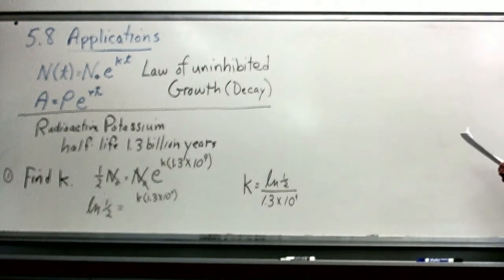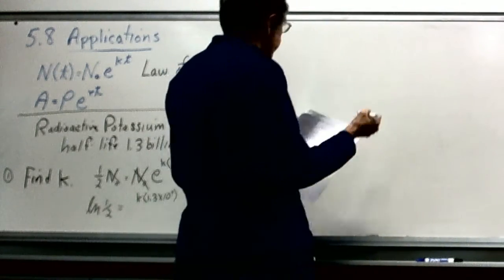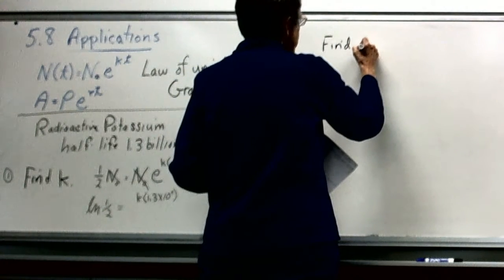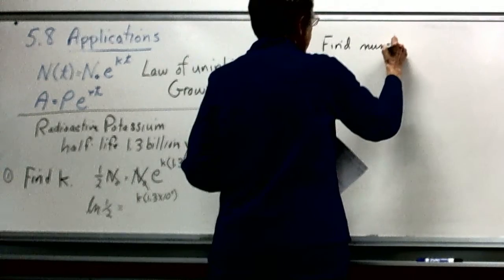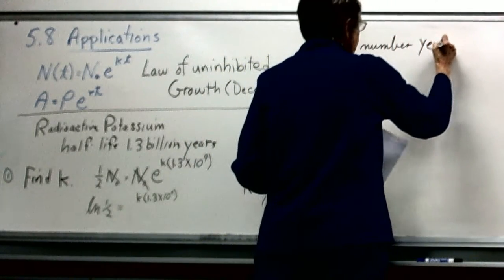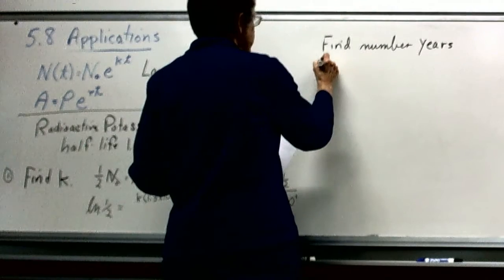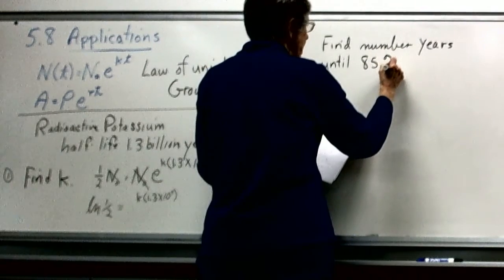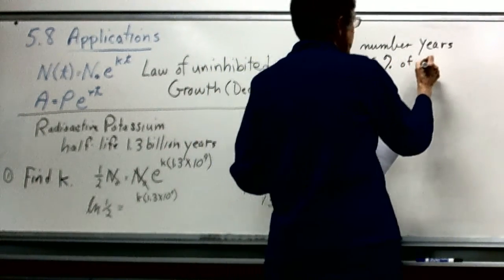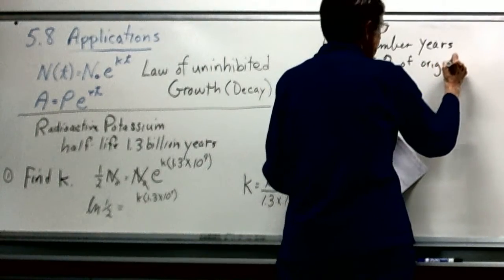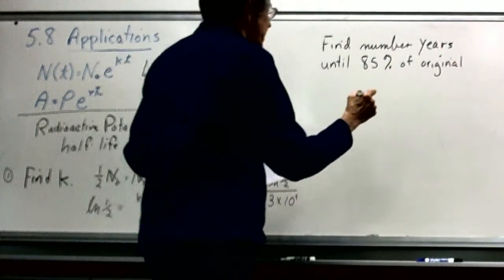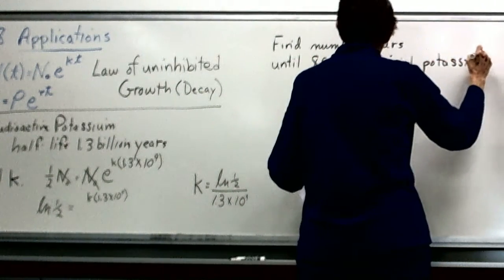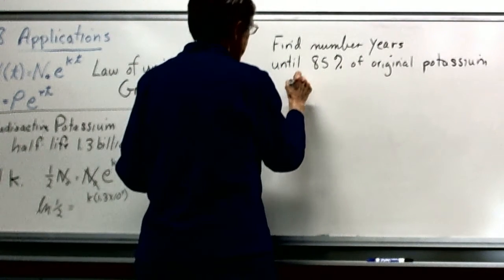So our question here says, find the number of years until 85% of the original amount, and this is the radioactive potassium, is decayed.